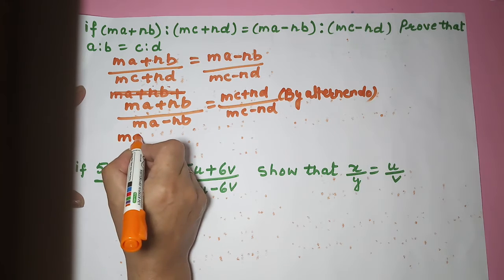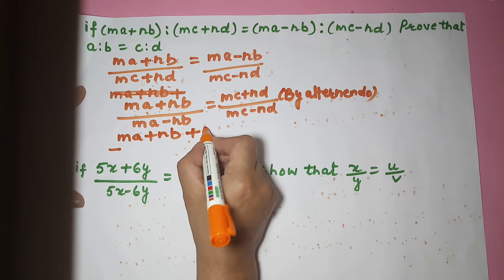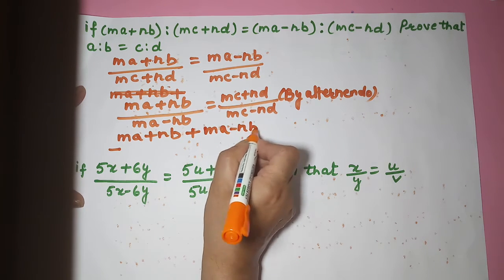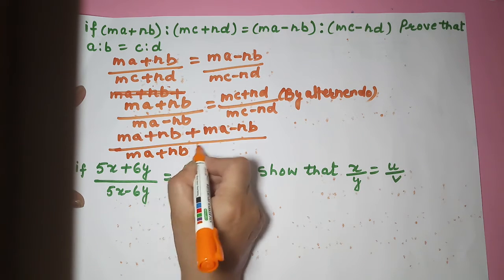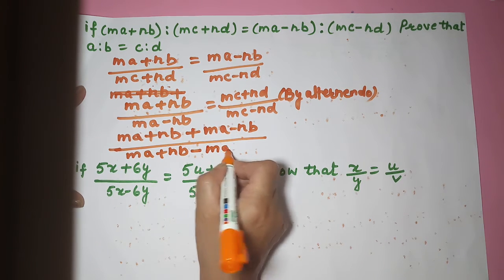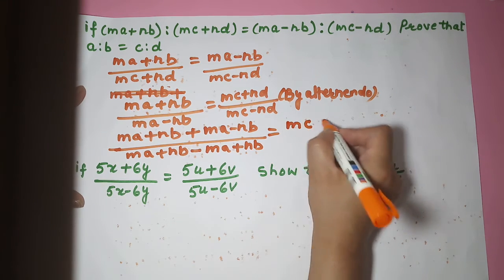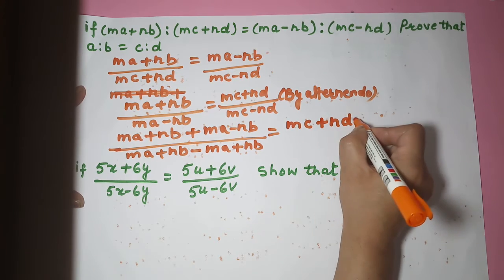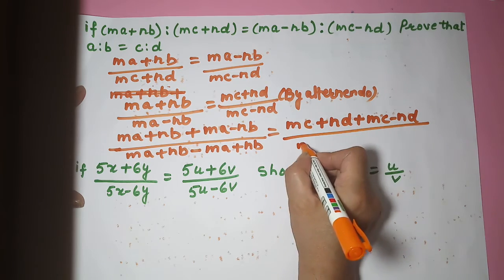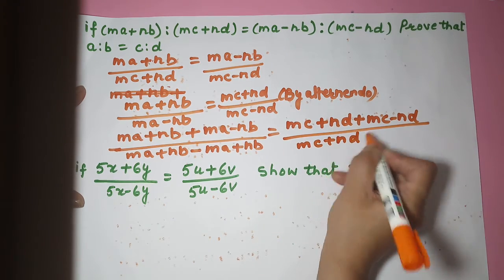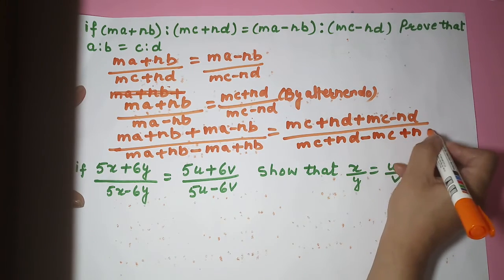What does that mean? Numerator, you have to take care of all these things, plus denominator, that is MA minus NB, divided by numerator MA plus NB minus denominator, minus MA plus NB. Now this side also numerator, that is MC plus ND plus denominator MC minus ND divided by numerator, that is MC plus ND minus denominator minus MC, minus minus becomes plus ND.